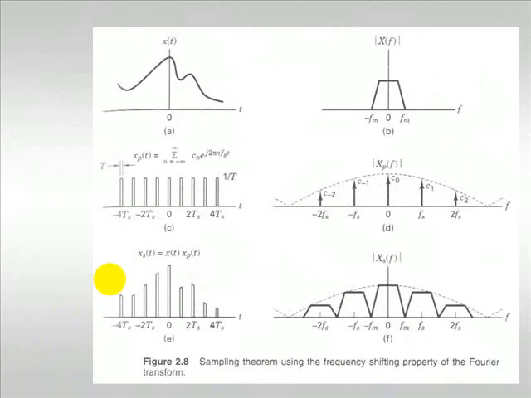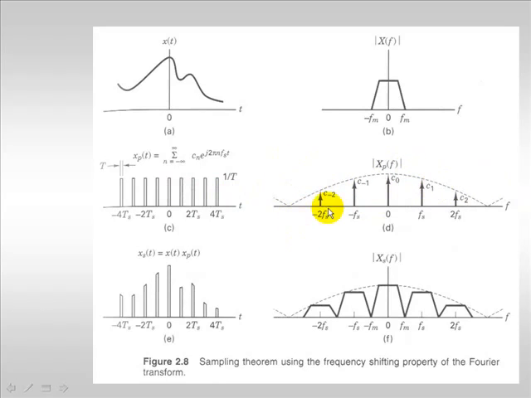What I'd like to point out in this case is that instead of an ideal impulse train, we have a periodic pulse train. So there's a certain width as compared to an infinitely small width for the impulse train. And you can see here, in the frequency domain for this periodic pulse train, the heights are not equal but follow the envelope of a sinc function. Whereas we saw in the impulse train, the heights are of equal height.